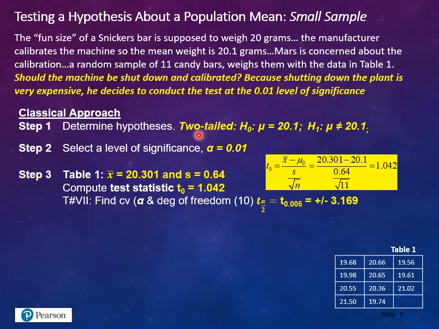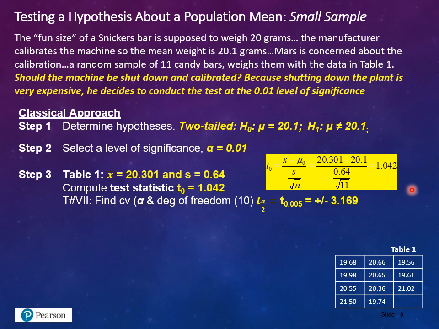Because this is a two-tailed hypothesis, remember that when we're looking for t-values in our table, we use alpha over 2, t sub alpha over 2. And so what we get for t sub 0.005 is that those t-values are going to equal 3.169.